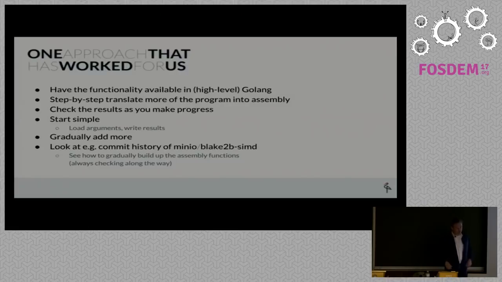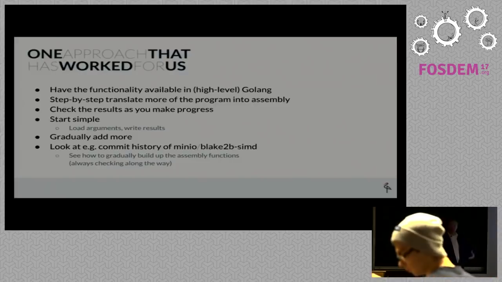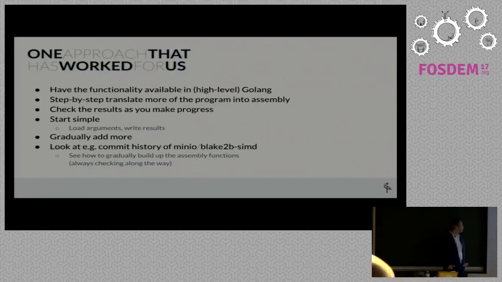And then as you start to translate that functionality into assembly, what we did is we started out with small bits and pieces. You comment out most of the Go code in your routine, and then you start to translate small bits and pieces into assembly, maybe initially starting just with passing in the arguments and writing back some results, making sure that all works.